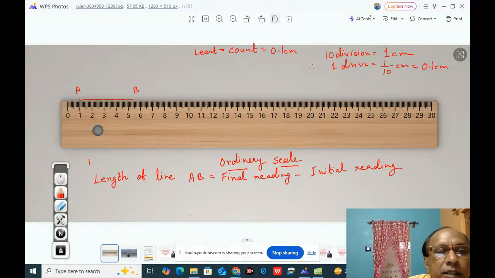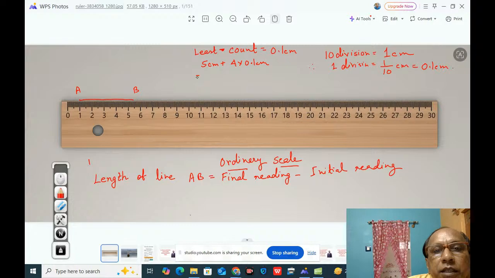How to find the length? Suppose this is the final reading, where we want to read this point B. This is 5, right? We read here 5 centimeter plus how many divisions are there? 1, 2, 3, and 4. 4 divisions. That is 4 into least count, that is 0.1 centimeter.